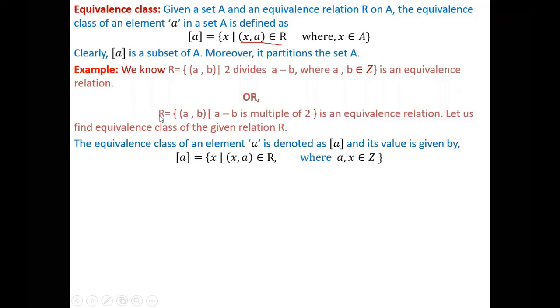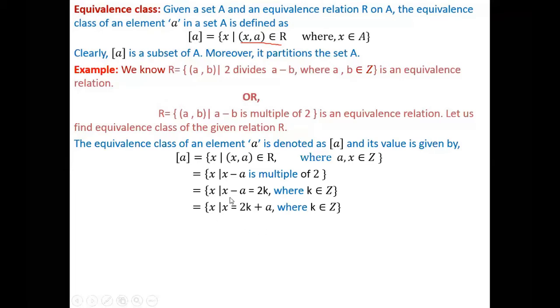Here R is defined as a minus b is a multiple of 2. That means x minus a is a multiple of 2. So we can write x minus a equals 2k, where k belongs to the integer set.